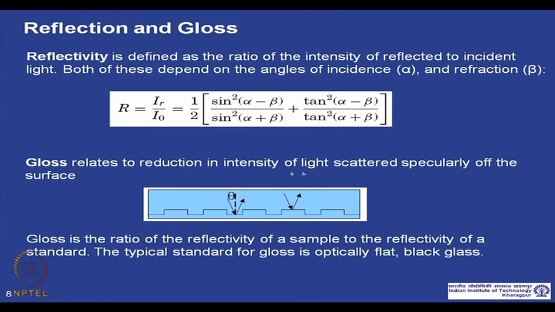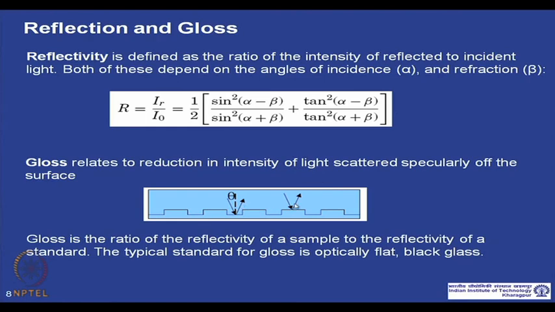Gloss relates to the intensity of light scattered specularly off the surface. Specularly means the angle of incidence is the same as the angle of reflection, like a perfect mirror. If a surface is not smooth, say it is rough, then the light which is reflected specularly from different regions will have different distances to travel to the observer.